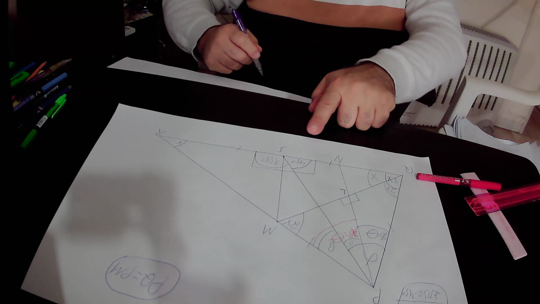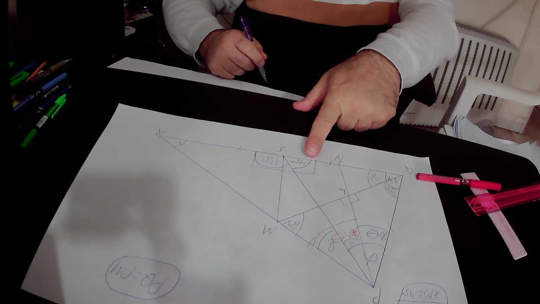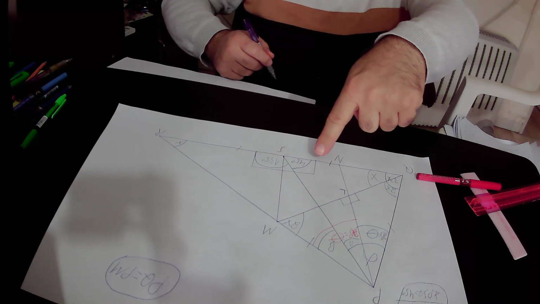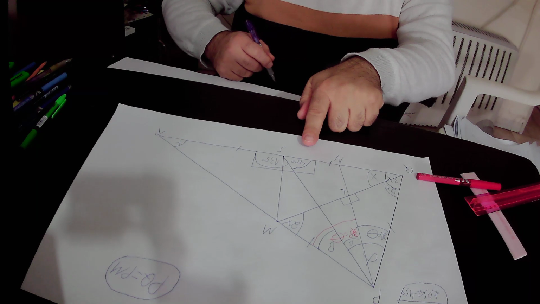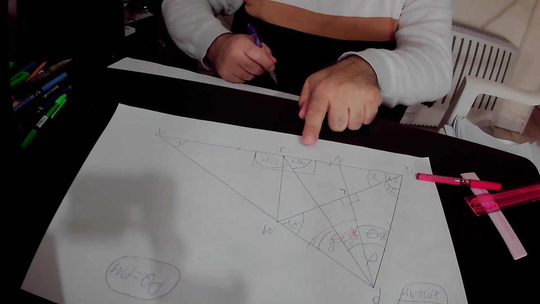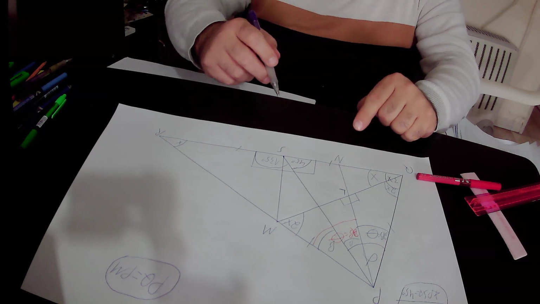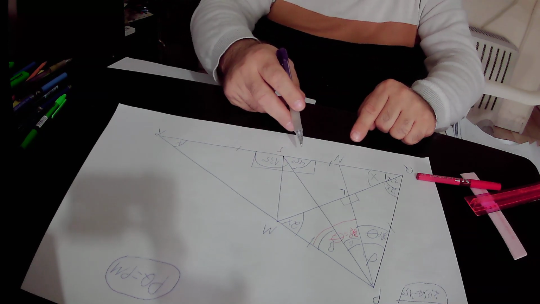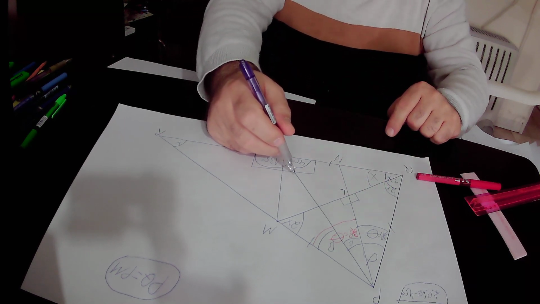Likewise, if you focus on this angle, it is a right angle, it equals 90 degrees, angle MSN equals 90 degrees. And this angle, it is given in the question that angle PSQ equals 45 degrees. So here 90 degrees minus 45 degrees will be equal to angle PSM.